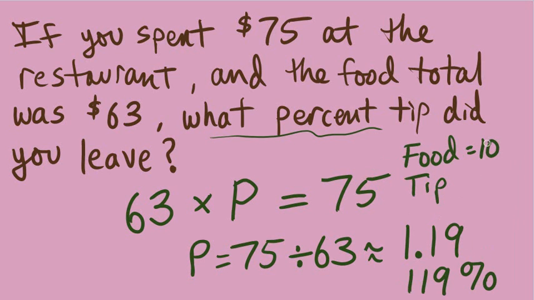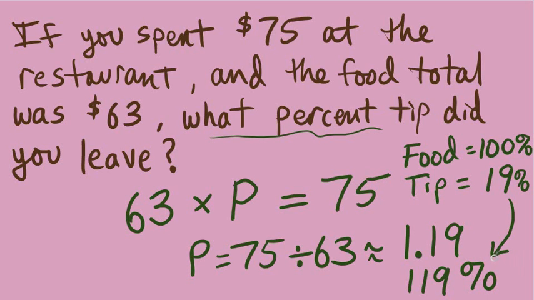The food part was the 100%, and the tip would only need to be 19%, and that's going to give us our total 119%. So we still are embracing this idea about what percent actually are we using, and in this scenario, a 19% tip is what makes us work with 119% for our total $75.